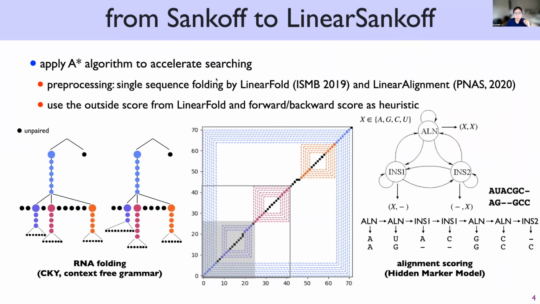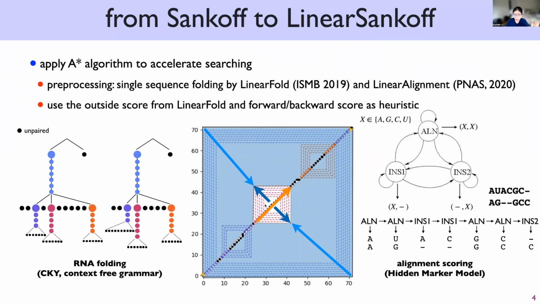Another thing is that we apply an A-star-like algorithm to accelerate searching. The rectangular space is what we have touched. The blue region is what we haven't searched. We have a pre-processing step that lets each state know how far it is from the destination, but this is just an estimated score.